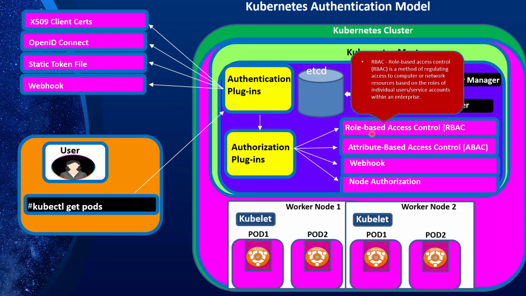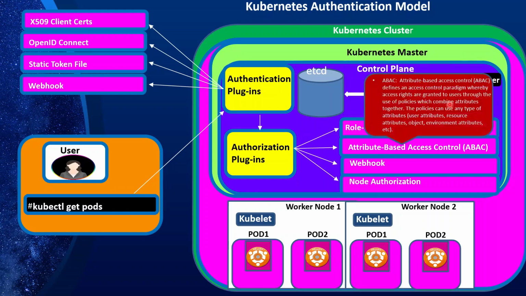RBAC, which is the topic of this video, is role-based access control. This is a method of regulating access to computer or network resources based on the role of individual users or service accounts within an enterprise. ABAC is an alternative to RBAC, and it provides an access control paradigm whereby access rights are granted to users through the use of policies which combine attributes together.